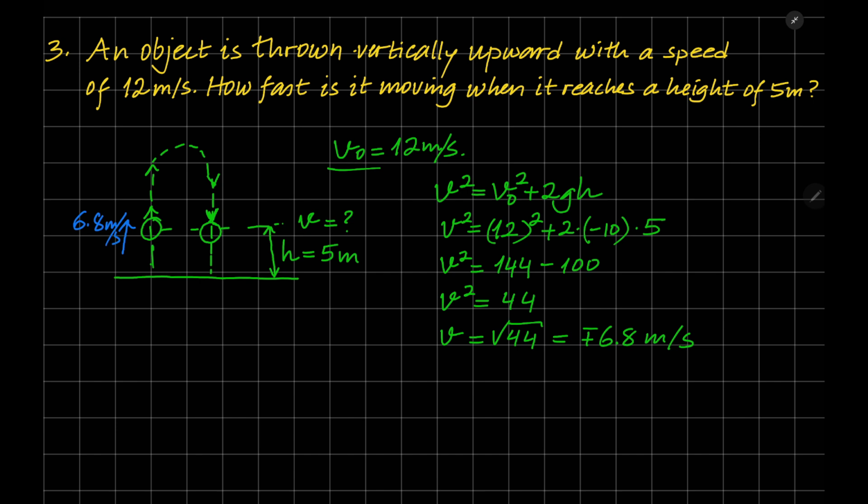Negative 6.8 meters per second is the velocity while the stone is traveling downwards. It's negative 6.8 meters per second at this point. It's downward and it's upward. Okay, the answer is plus or minus 6.8 meters per second. I hope it's clear.